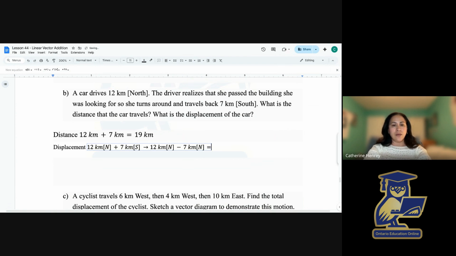This then equals 12 minus 7. That's going to give me 5 kilometers north.